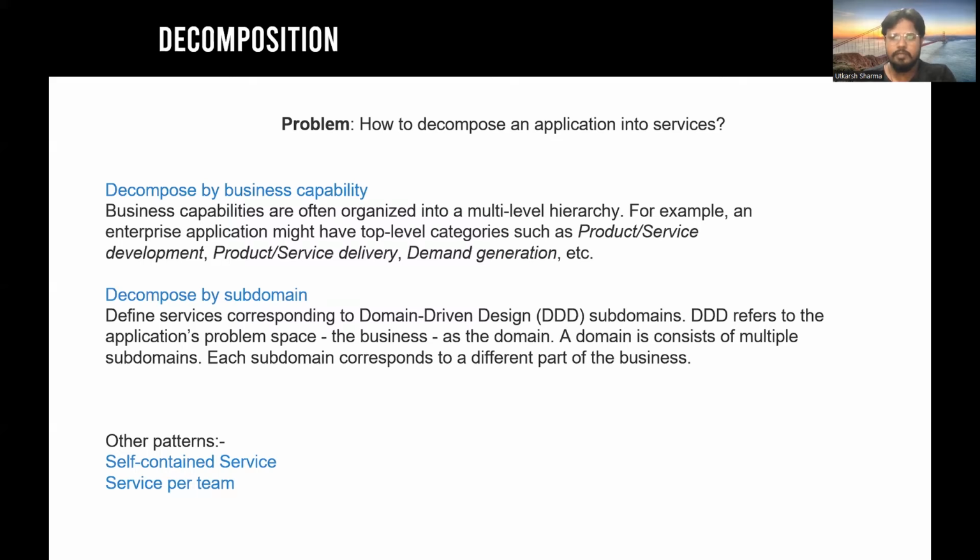Let's suppose there is a product, and there is a component whose concern is product development, while there is another component which only takes care of service or product delivery, and another component which is concerned with demand generation. We can isolate these components and create standalone microservices, and they can talk to each other, and that solves our purpose.